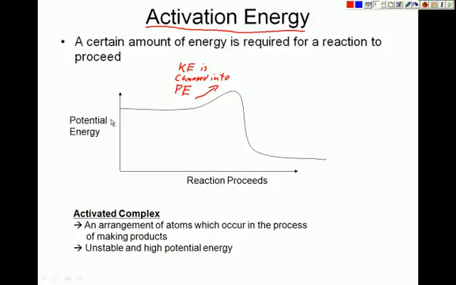So since it's a potential energy graph, the potential energy starts to increase. Now it gets to a point right here where it's at the top. It has so much potential energy that it's very, very unstable, and we'll do it in blue, we call this point right here the activated complex.